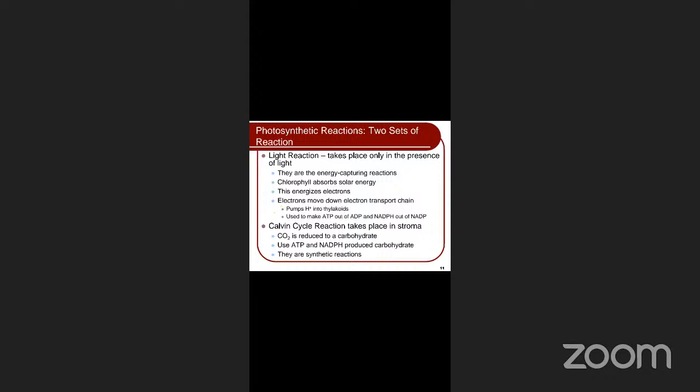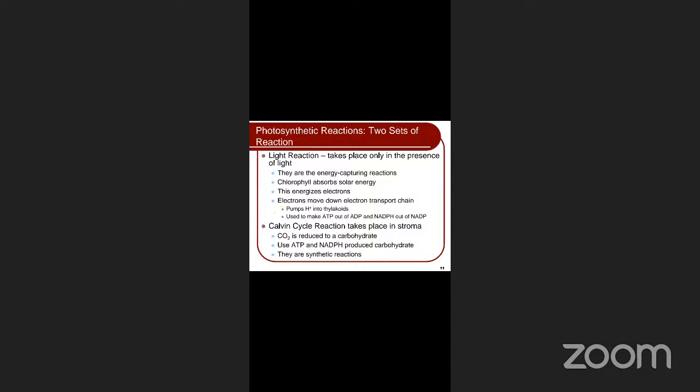Chlorophyll A has maximum absorption of blue light at 435 nanometers, and maximum absorption of red light at 673. Then chlorophyll B has maximum absorption of blue light at 435 nanometers, and maximum absorption of red light at 642 nanometers.